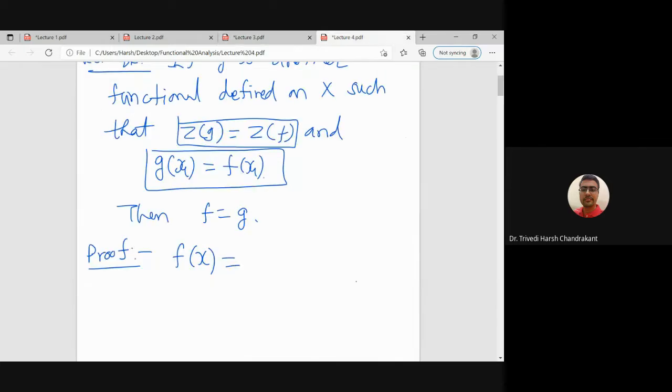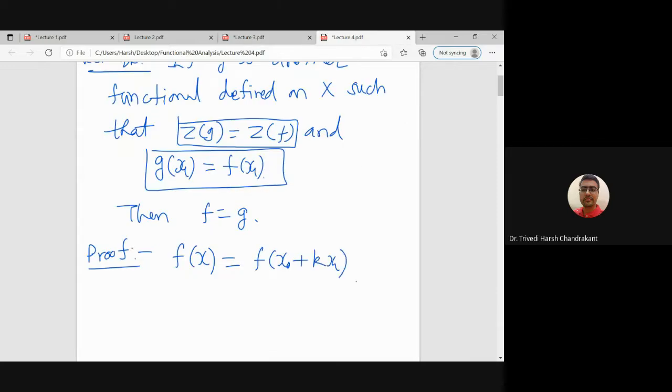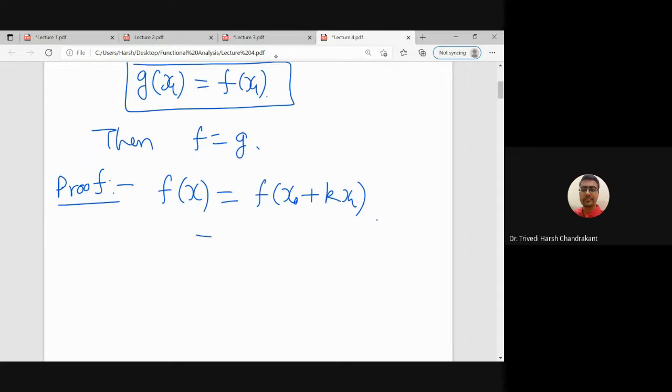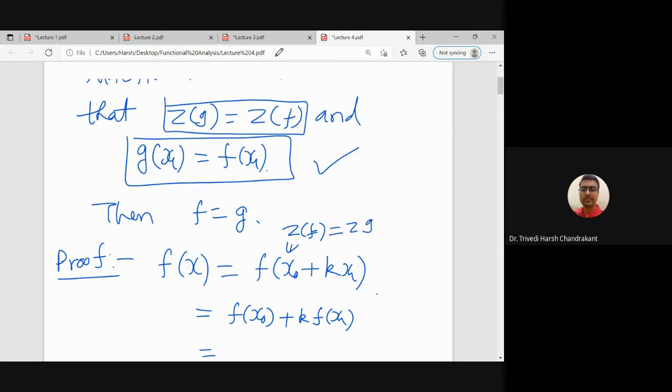So F(x) equals F(x0 plus k x1). Since F is linear, we can rewrite this as F(x0) plus k F(x1). F(x0) is 0, because x0 belongs to the kernel of F, but the kernel of F is the kernel of G, so G(x0) is also 0.